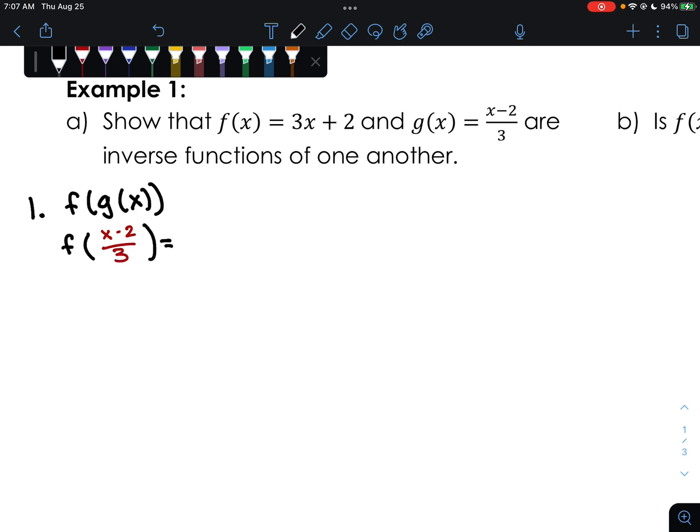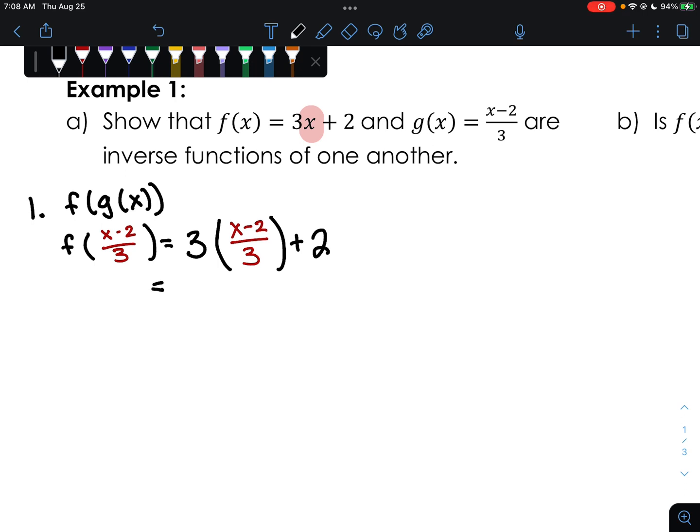Anywhere I see an x in f of x, I am going to replace it with x minus 2 divided by 3. So this x right here is going to be replaced. You will no longer have that x there. So I have 3 times x minus 2 divided by 3 plus 2.